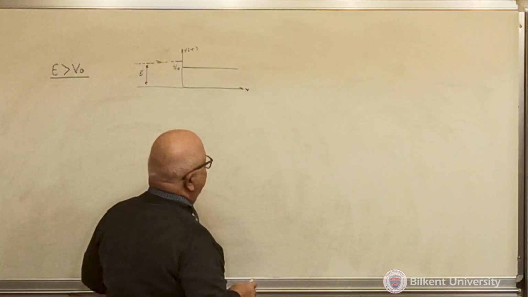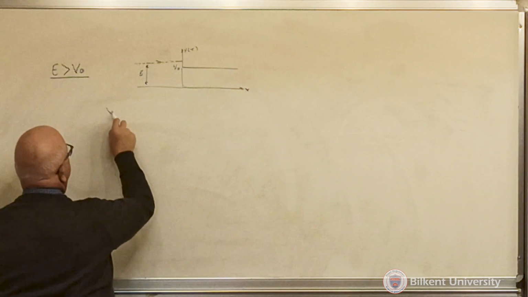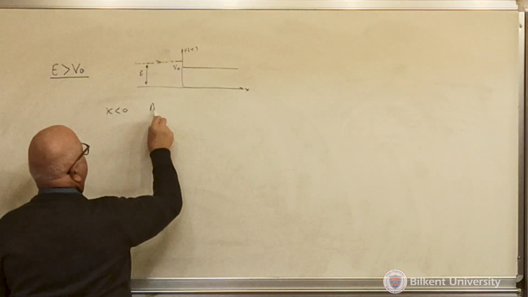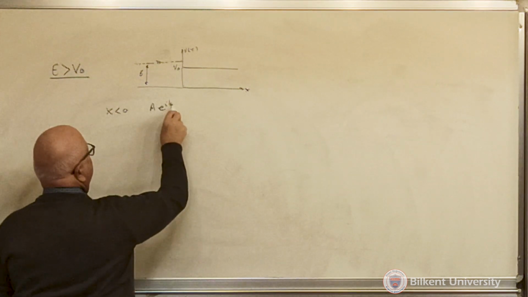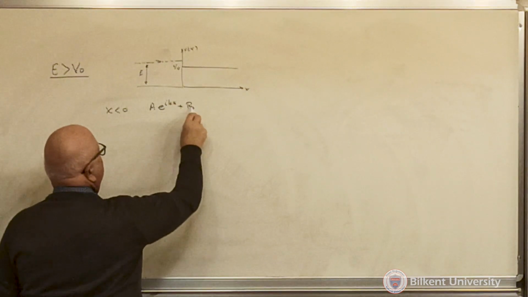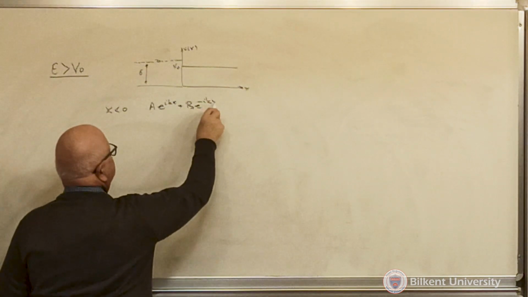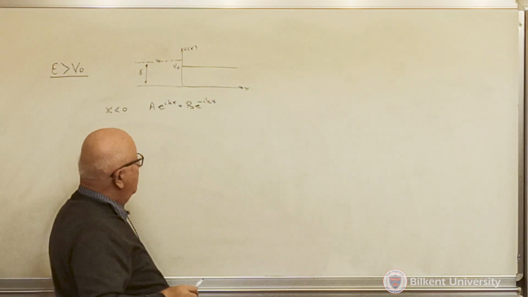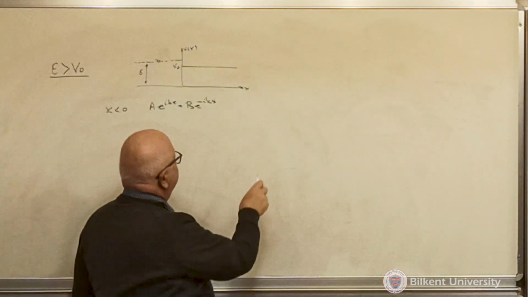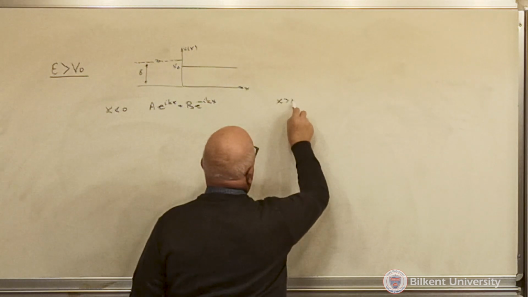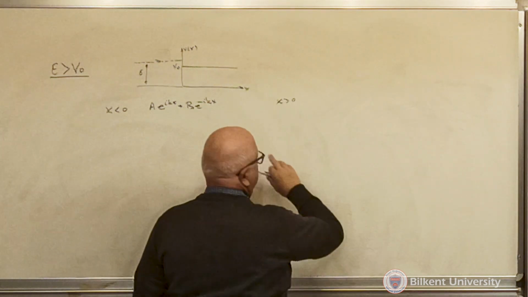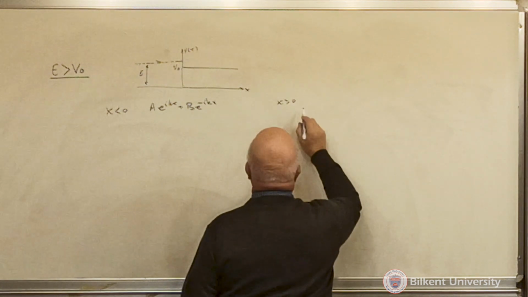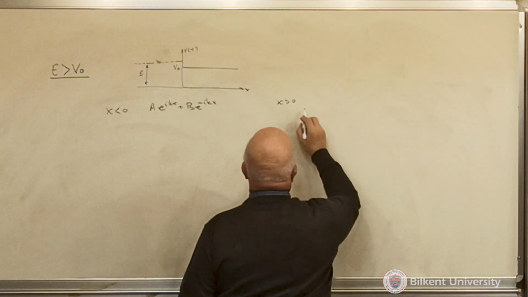Solutions on the left-hand side are the same. So for x less than 0, I again have a e to the i kx plus b e to the minus i kx, just as I had earlier. For x greater than 0, it's similar to the other case, except that I have to be careful with the signs of E minus V0.